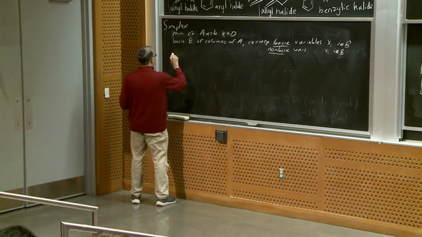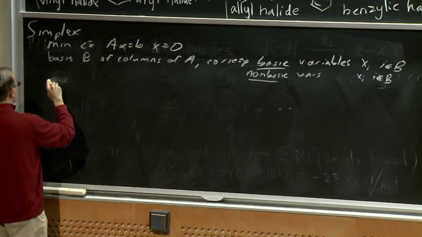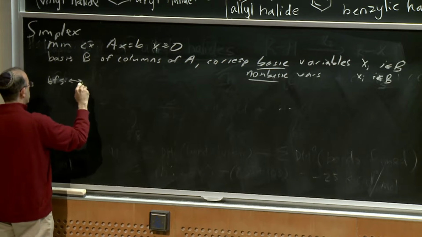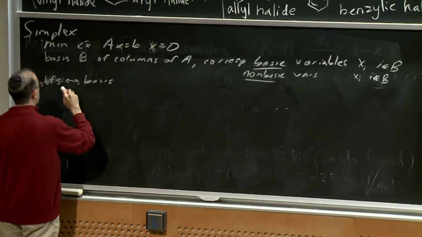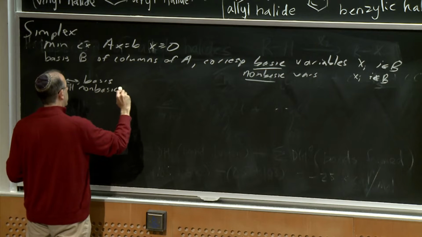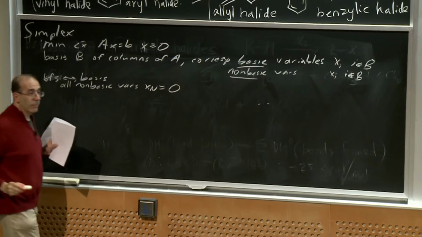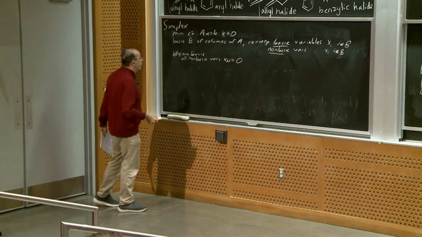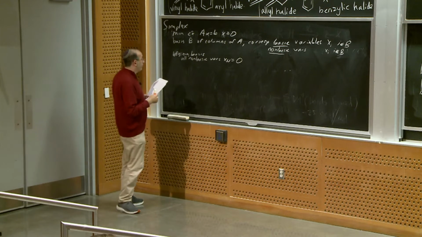In the sense that at this basis that corresponds to a particular basic feasible solution, all the non-basic variables are 0, right? It's only the basic variables that are allowed to be slack.